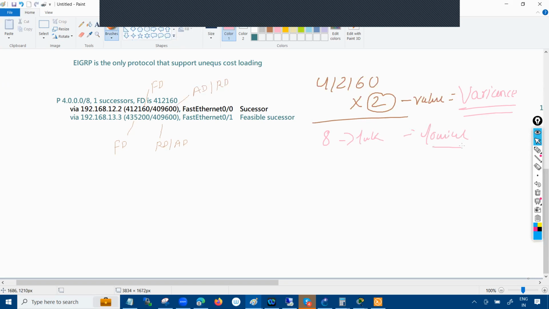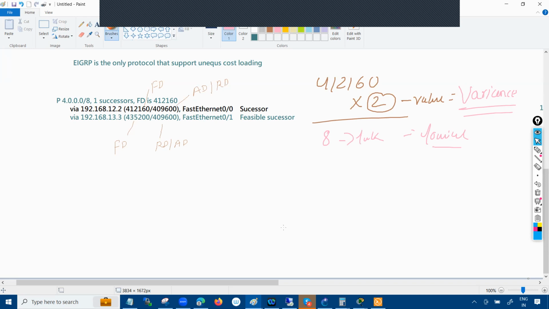You cannot see it in the routing table, and not even in the topology table. EIGRP does this in the background by changing the variance.